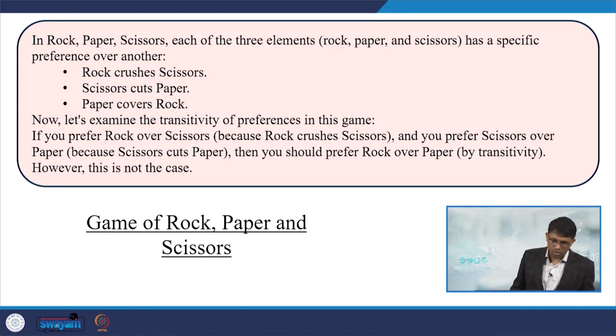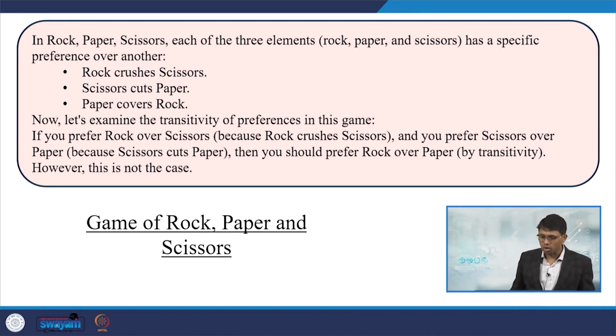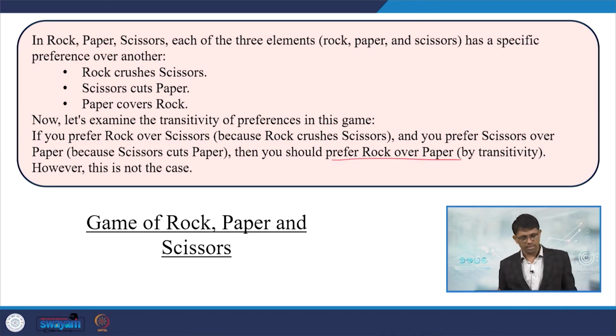If you prefer rock over scissors, because rock crushes scissors, and you prefer scissors over paper because scissors cut paper, then you should prefer rock over paper as per transitivity. However, this is not the case, so this is indeed a violation.